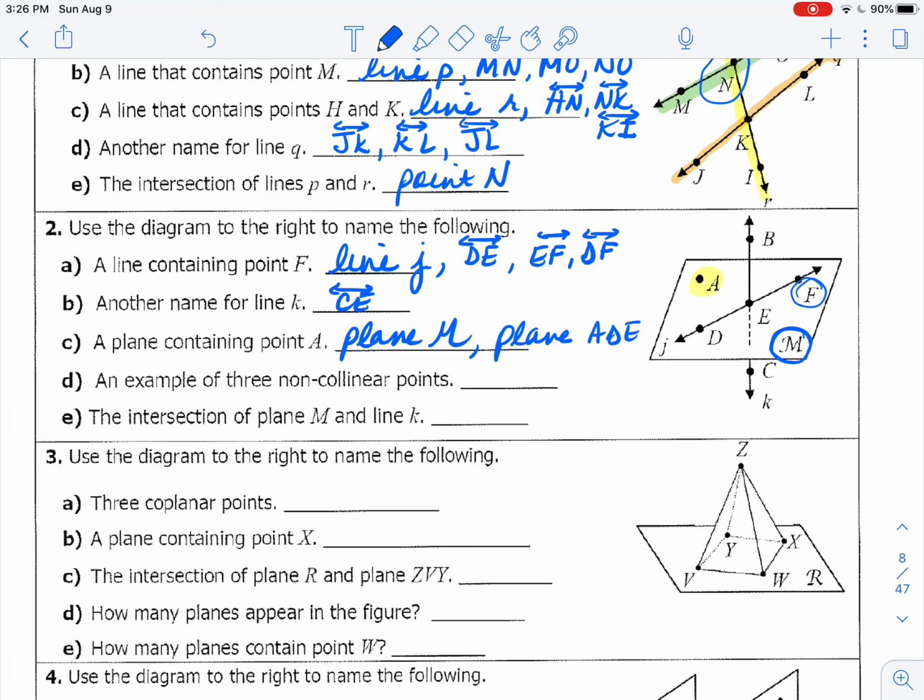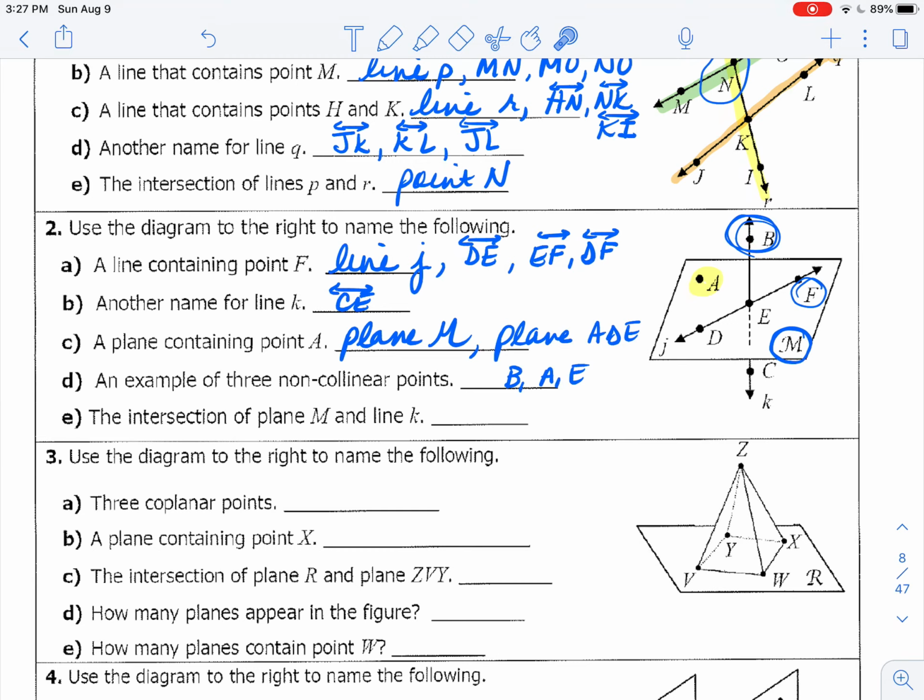An example of 3 non-collinear points. So we need 3 points that are not on the same line. And we can use point B and then 2 other points that are on plane M, or we could use point C with 2 other points that are on plane M. So how about let's just identify B, A, and E. Now A and E are both on the plane.